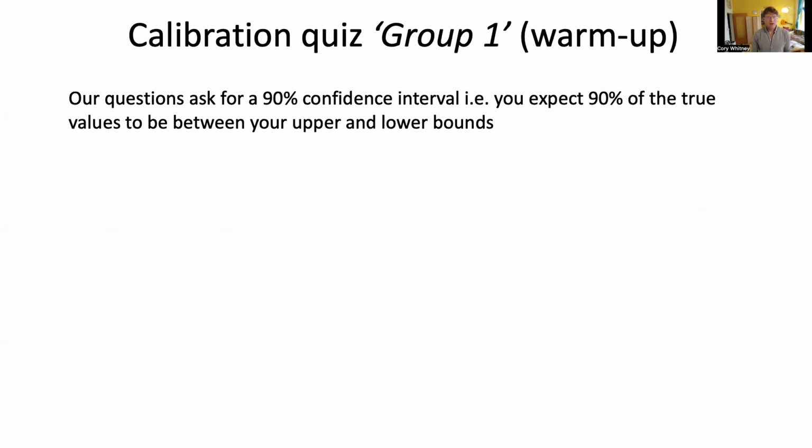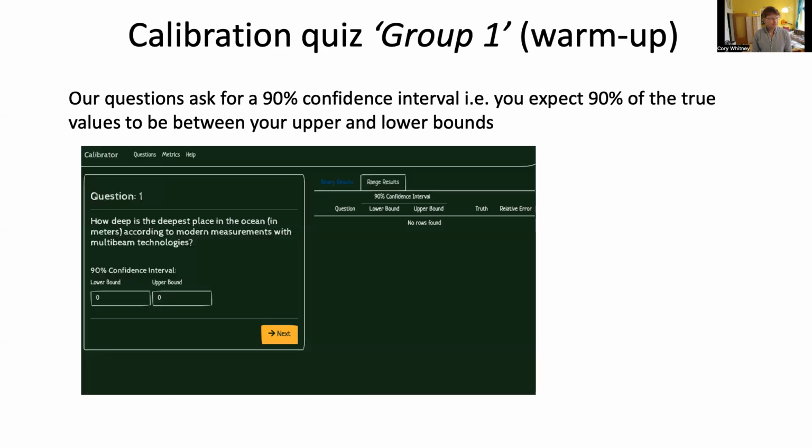So we're going to start with group 1, the first group of questions. And we ask you for that 90% confidence. That is to say, provide an upper and lower bound where you feel that the true value is between those two numbers with 90% confidence.